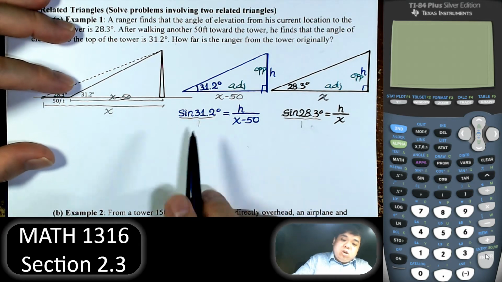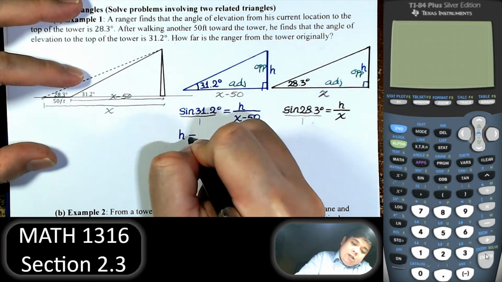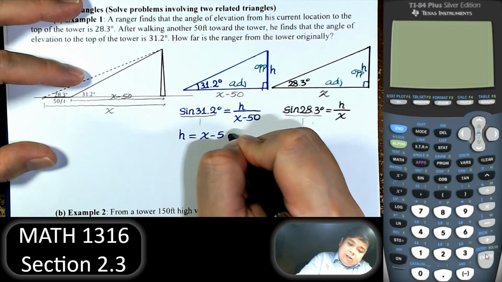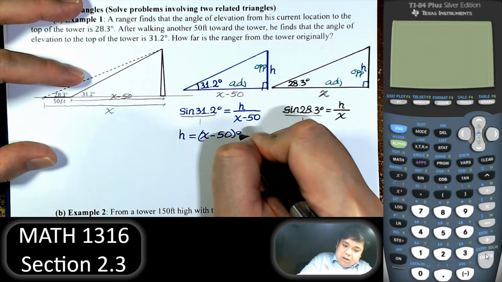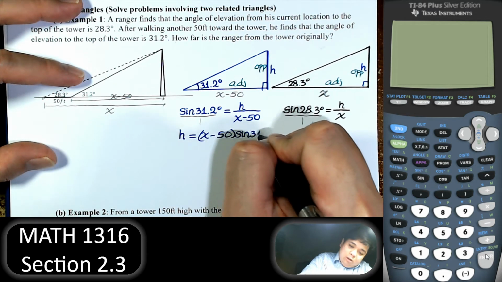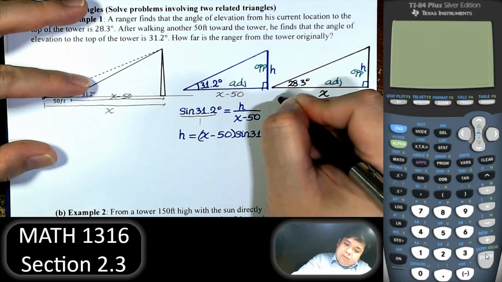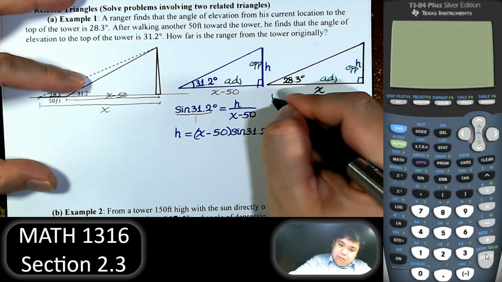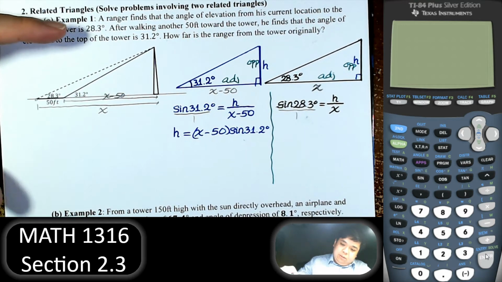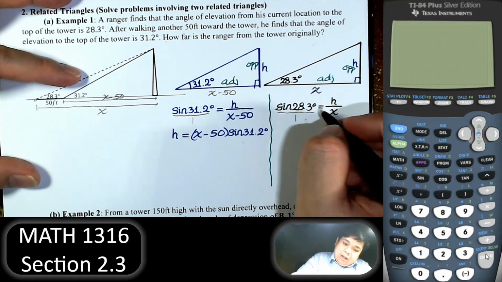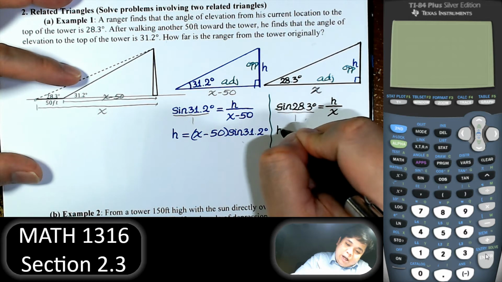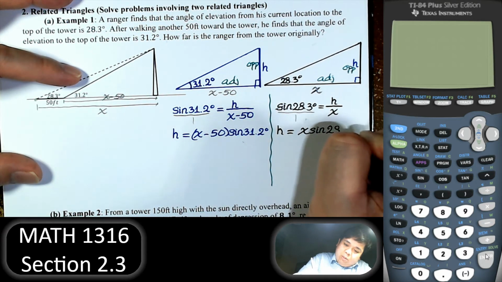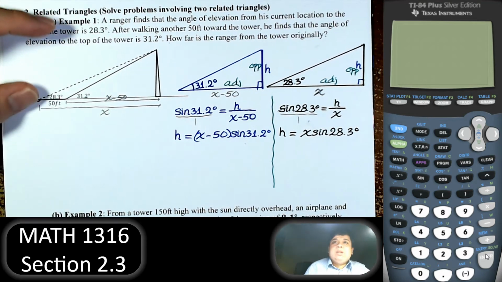Now let's just cross multiply. We have h equal to x minus 50 times the trig function of 31.2 degrees, and then h equal to x times the trig function of 28.3 degrees.